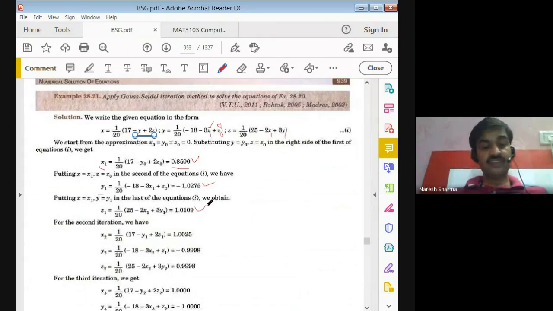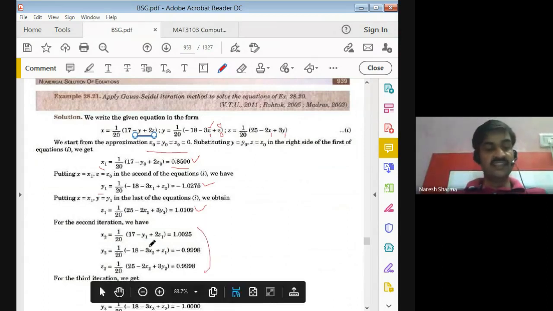So this is the difference. In Jacobi we put all of x naught, y naught, z naught as 0, and we get x1, y1, z1. But in the Seidel method we put the latest available values. Similarly, we put x1, y1, z1 on the right-hand side as latest available.